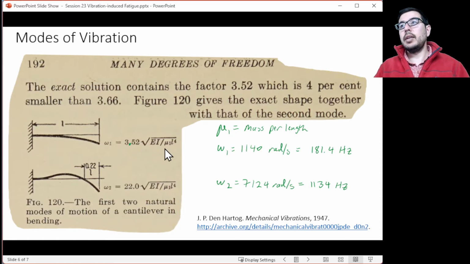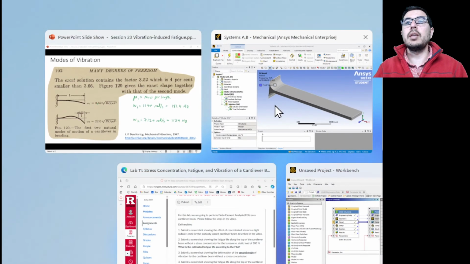And E is elastic modulus, I is the second moment of area, L is the length. So from these analytical expressions, I've estimated that the first and second mode of resonance are about 180 and 1100, from the calculations that are included here.